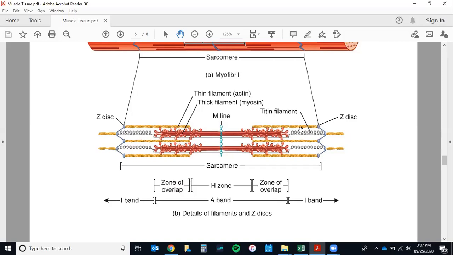What I'm actually going to do is pull up myself and talk about the relationship between thick and thin filament. So I was going to use my hands and my arms as a demonstration. So if I pretend that my left hand is my thick filament, this is my thin filament.